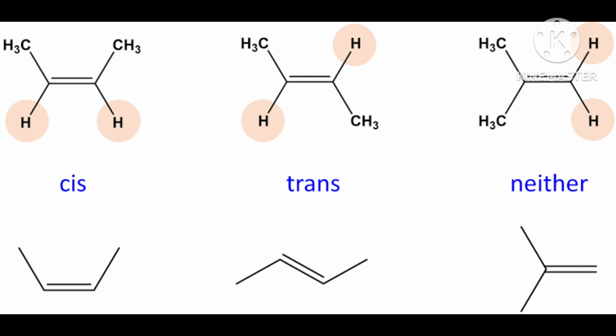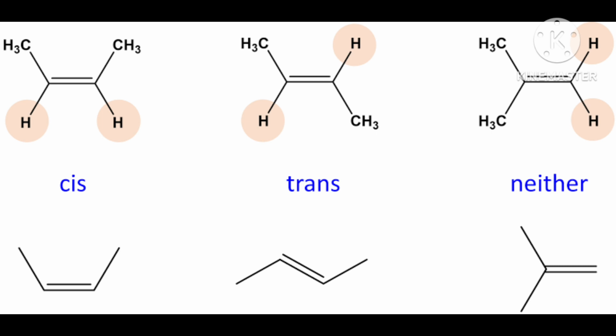But the other group on the first carbon is Y, and on the second carbon it is Z. Only X is common in both, and each carbon has one different group: carbon 1 has Y and carbon 2 has Z. Both carbons have a second group or atom that is different. So the first carbon has XY, and the second carbon has XZ, with only X common, across the carbon double bond.